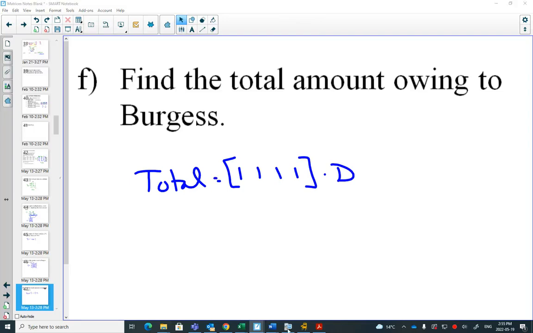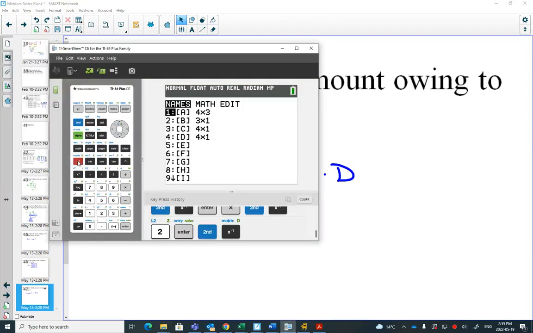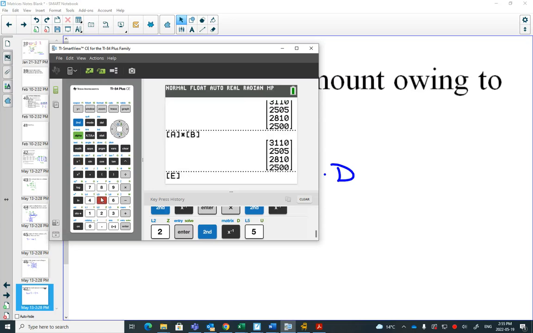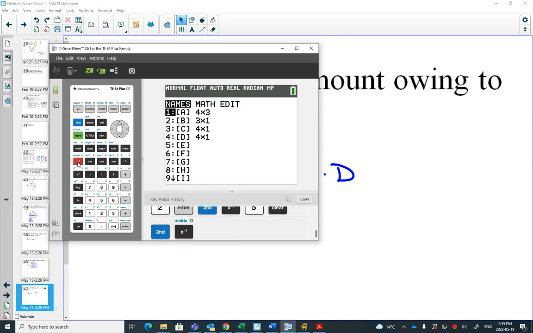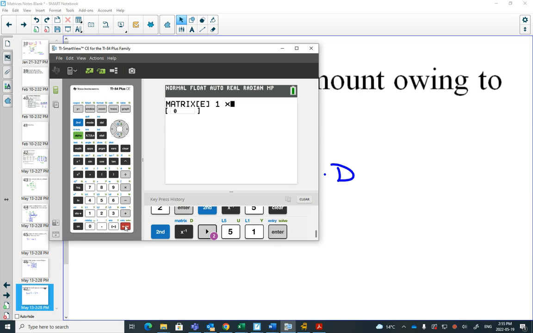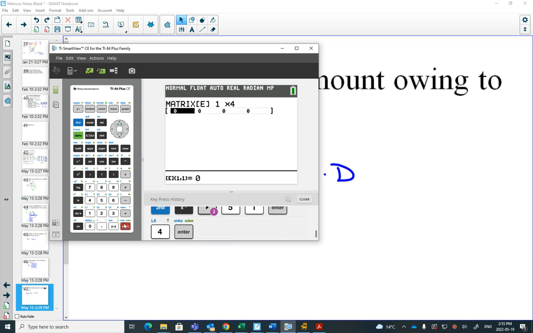So if I wanted to do this on my calculator, I would have to go over to edit and add a new matrix E with 1 row and 4 columns, and make them all ones.